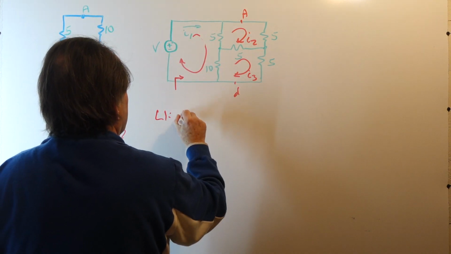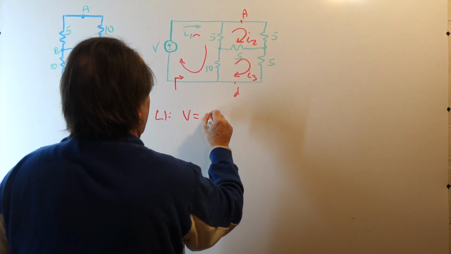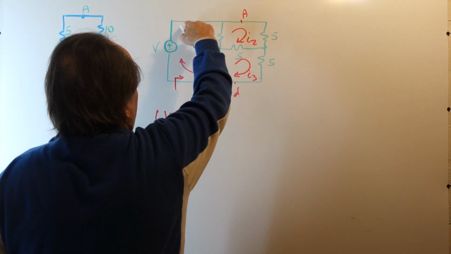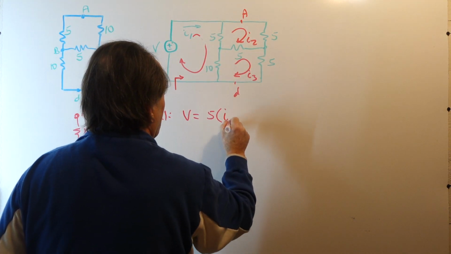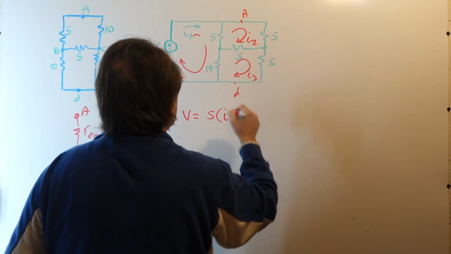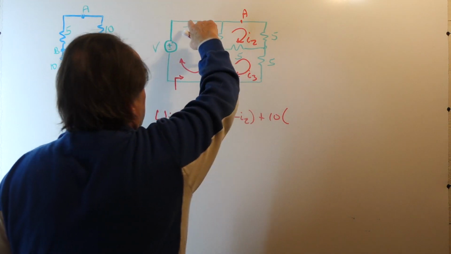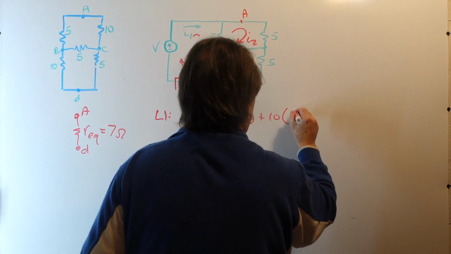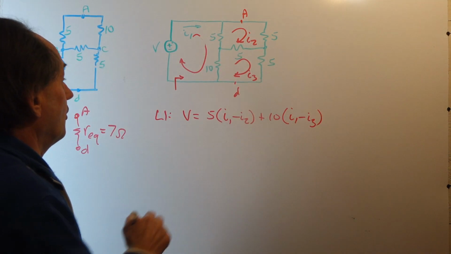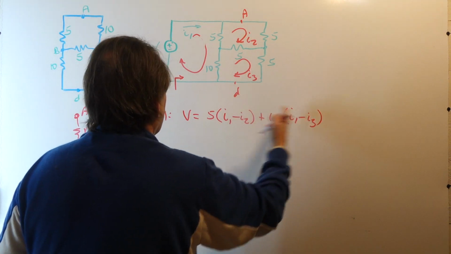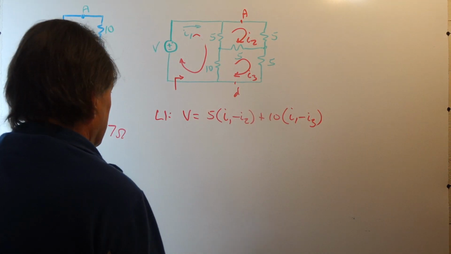So we have V is equal to 5 times the current I1 flowing through this minus I2, so 5(I1 minus I2), plus 10 times (I1 minus I3). That's equal to V. Or if you sum the V on this side, it would be equal to 0. I'm just pulling the V out on the other side.